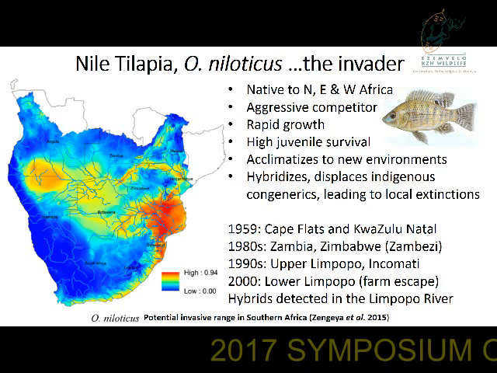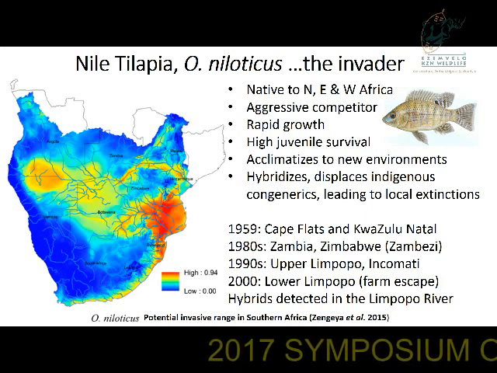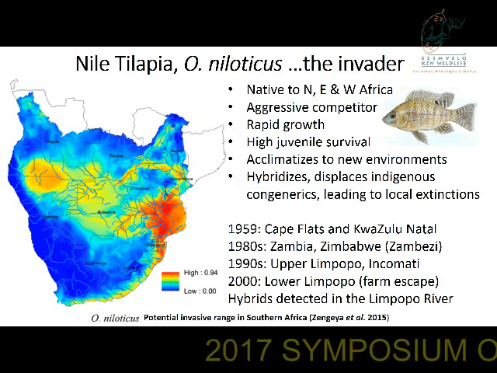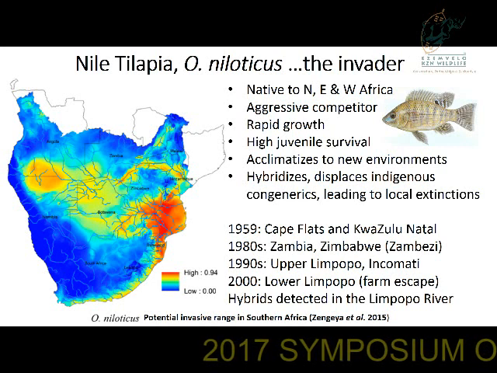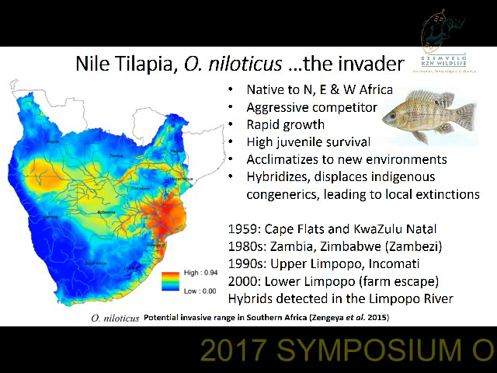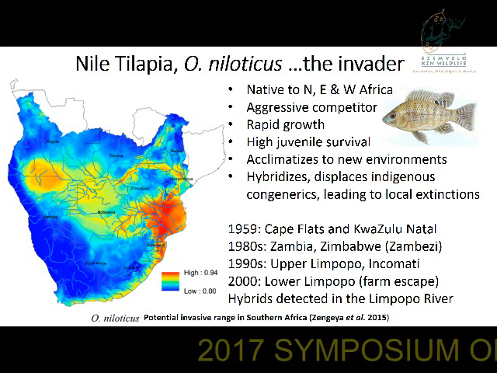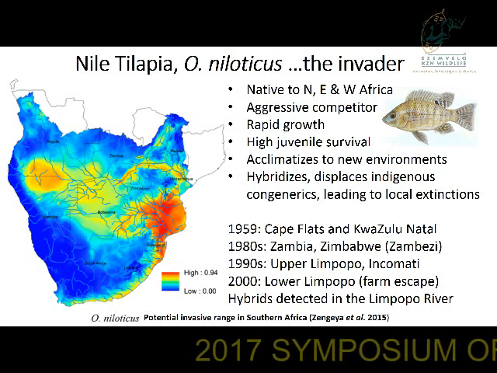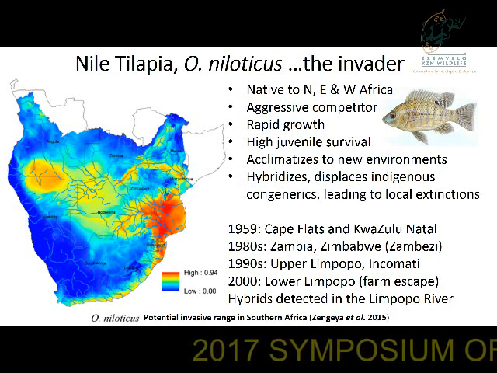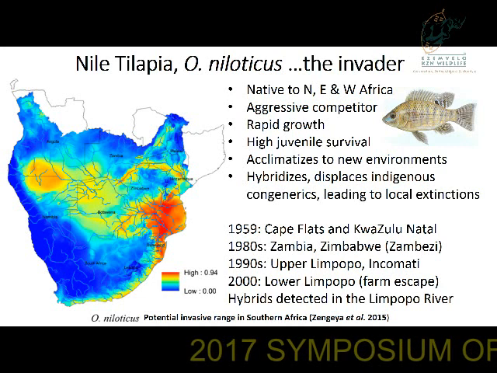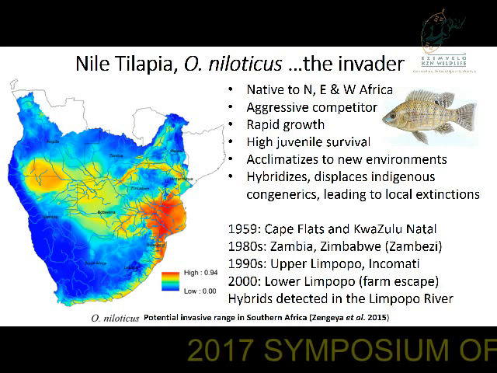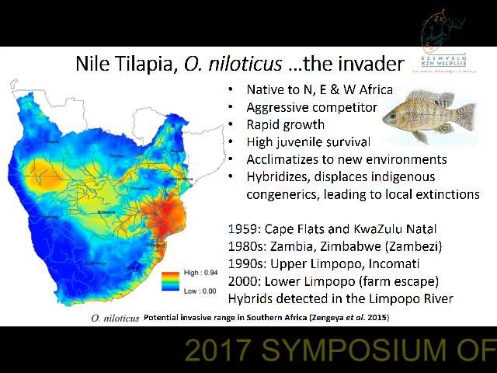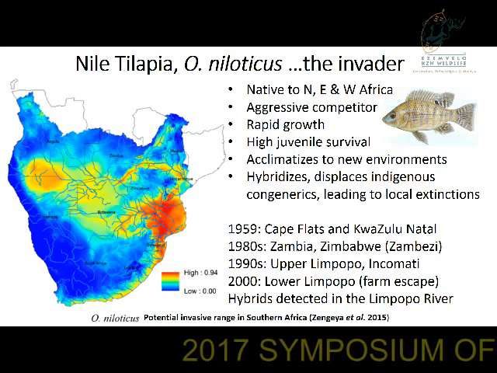And what we think typically happens is that when a Mozambique tilapia is breeding, the males of Mozambique tilapia are basically crowded out by large numbers of much smaller Nile tilapia, and so there tends to be this bias in the breeding towards offspring that are fathered by Nile tilapia, at least initially.